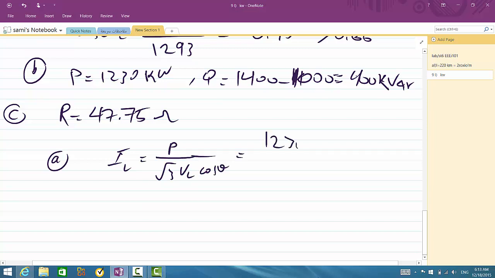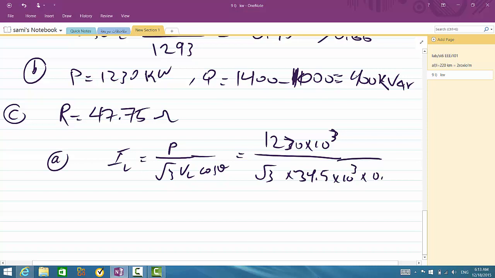So 1230 kilowatt, which is 1230 times 10 to the power 3, divided by square root of 3 times 34.5 times 10 to the power 3 volt times the power factor, which is 0.66, which is 31.19 ampere.